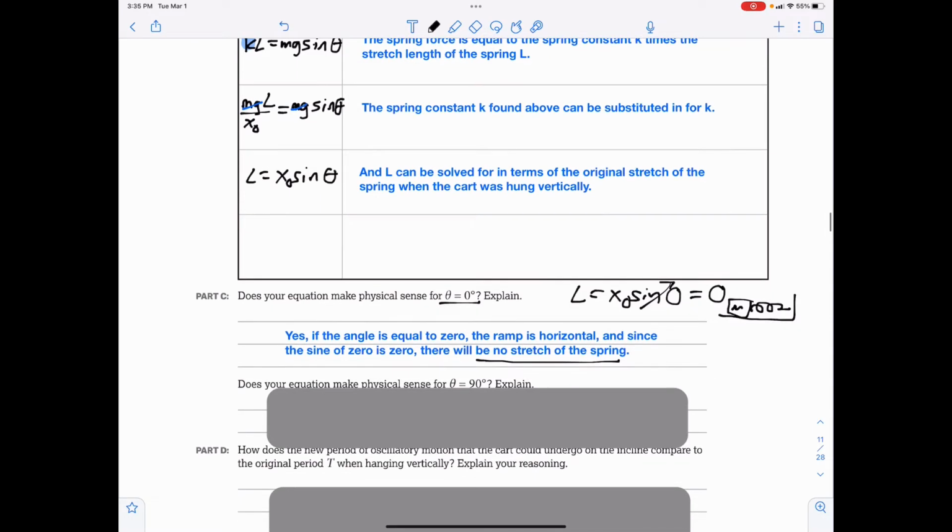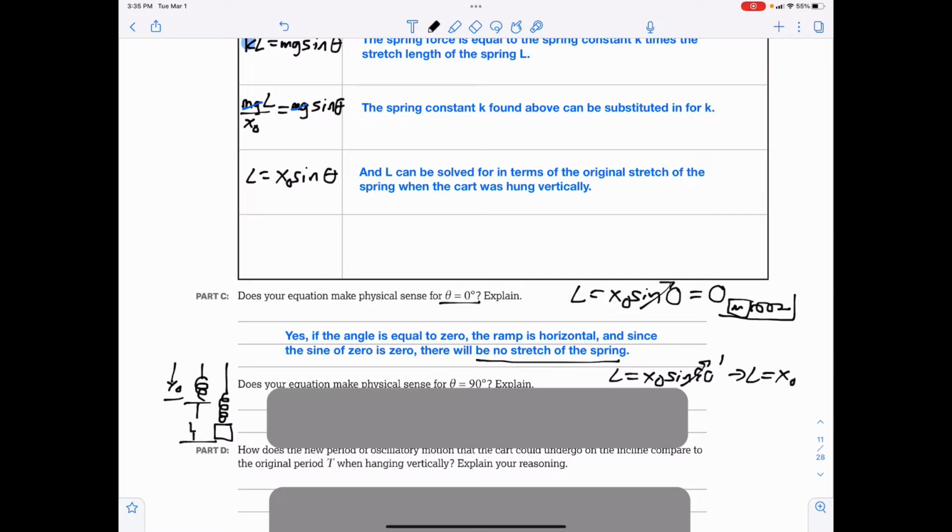Now, does your equation make sense for theta equals 90 degrees? Well, L is x naught sine of 90, the sine of 90 is 1, which means L equals x naught. And that makes total sense, because if this is our original length, x naught, and we put a mass on the end of it, and this is our new length, L, well, actually, L would be this length here, right?